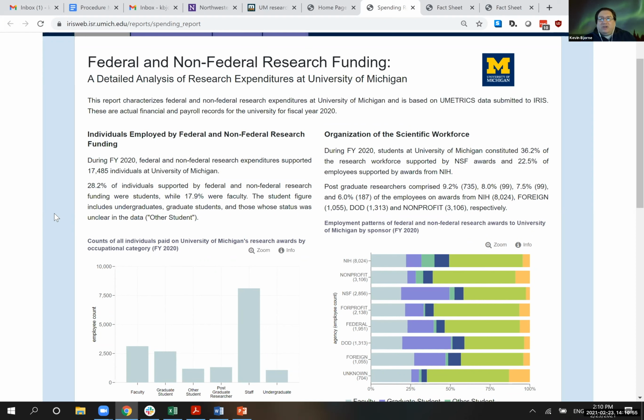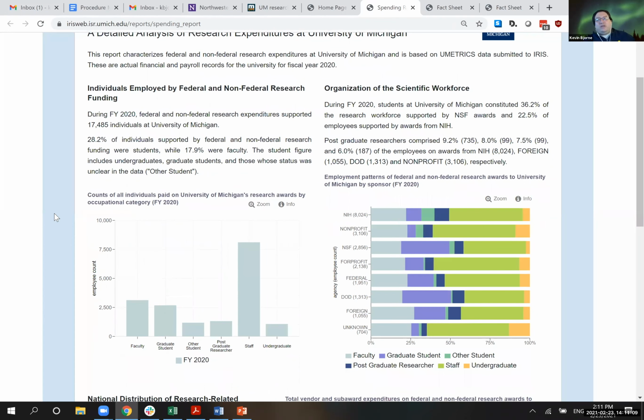So we all know that there's a lot of federal funding, the NIH, the NSF, agencies like that. There are also a lot of non-federal funding sources, foundations, private sector businesses, nonprofits, et cetera. So in this report, we aggregate all of that data together to present some quick visualizations that can be used to talk about the impact of this scientific research.